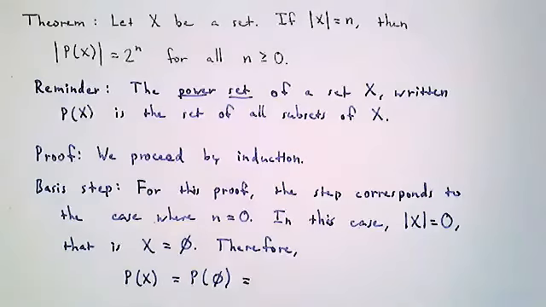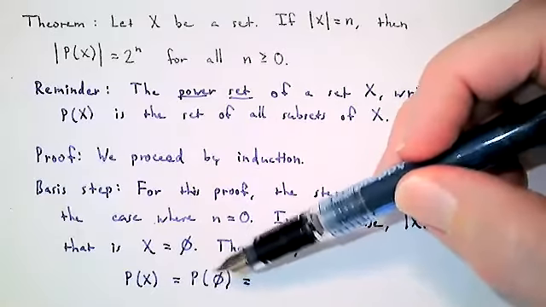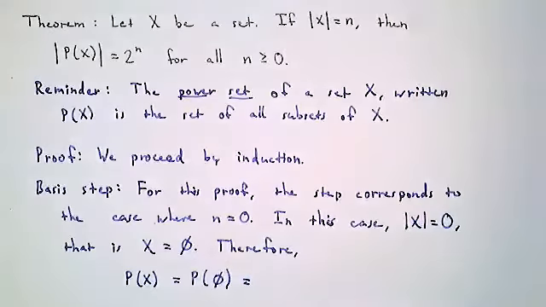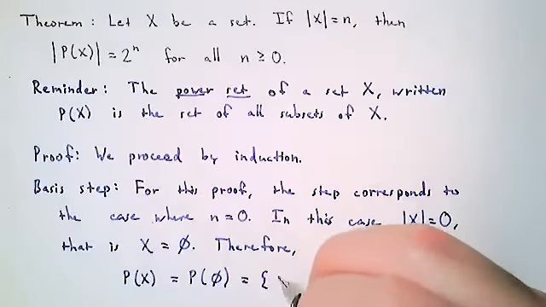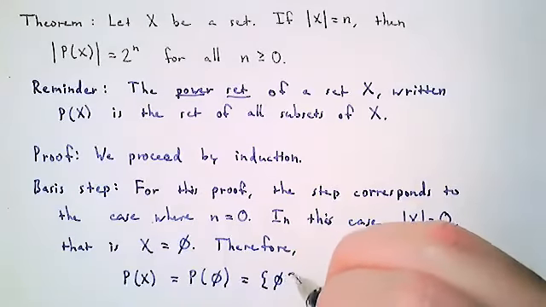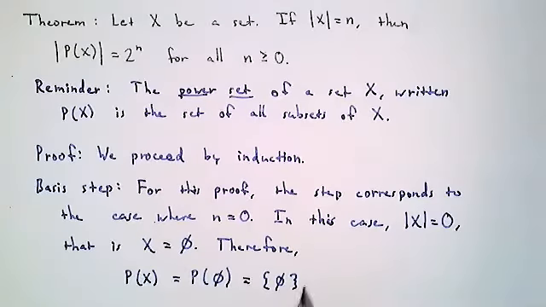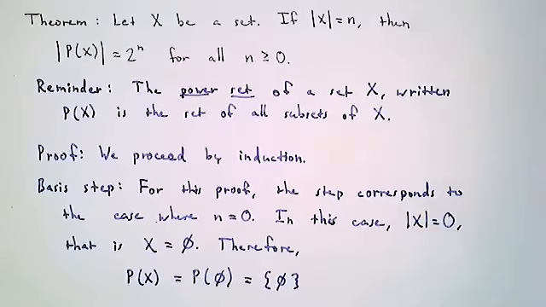No. But you have to be a little careful because the empty set is always a subset of any set, including the empty set. So every element in the empty set is in the empty set because, well, there's nothing there to check. So this is always true.